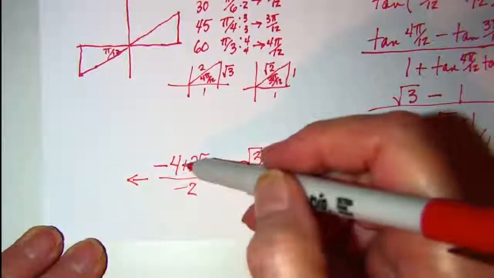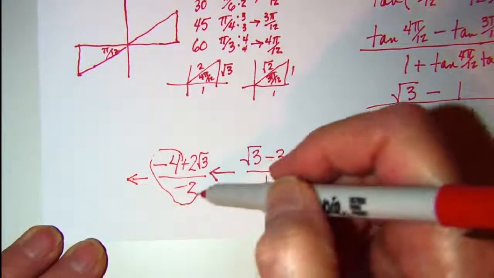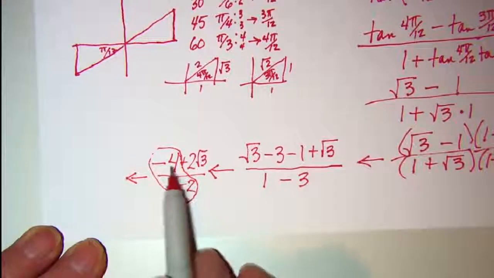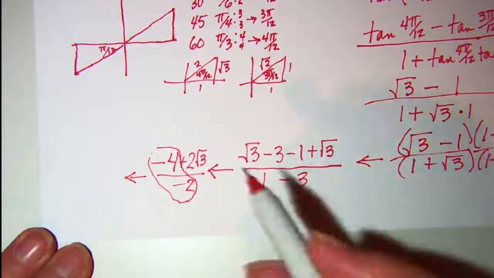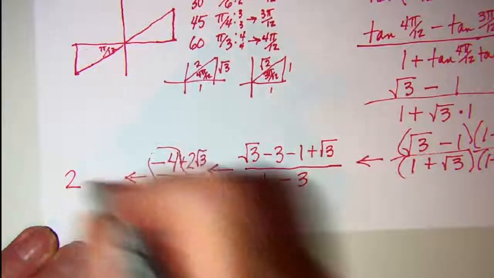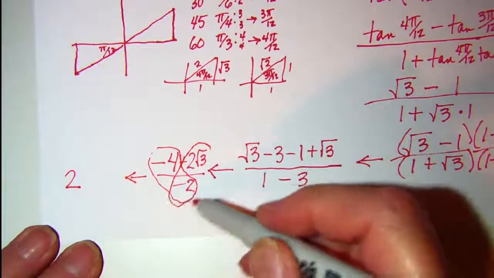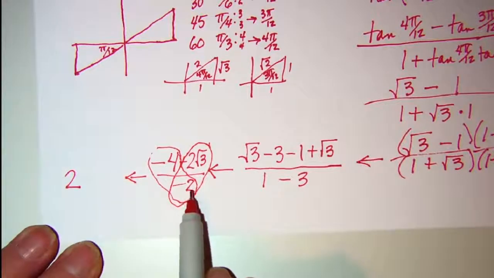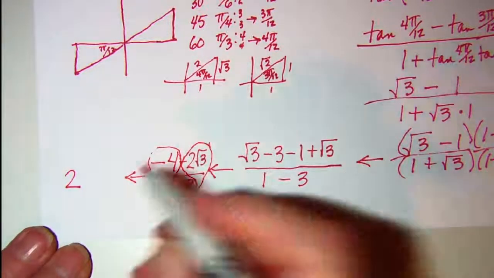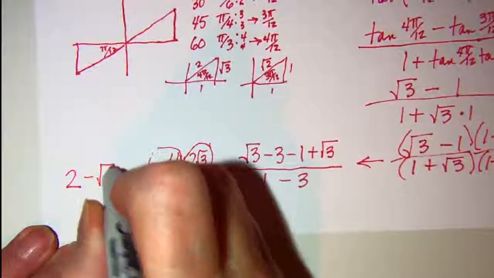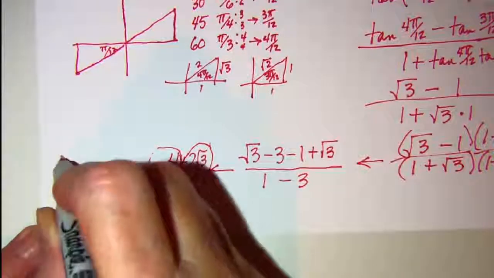So let's split this up this way. Negative 4 divided by negative 2 is 2. And then 2 root 3 divided by a negative 2 is a negative radical 3. And that's our answer.